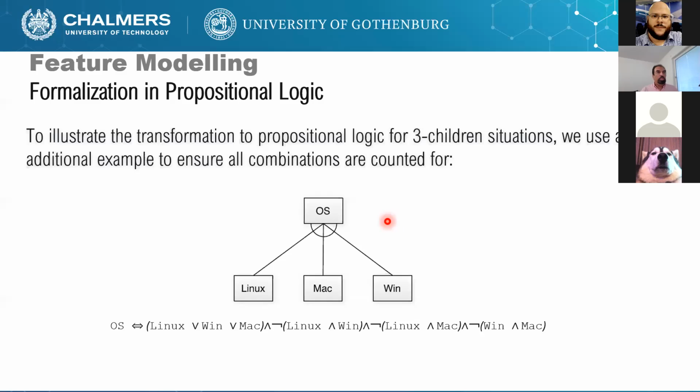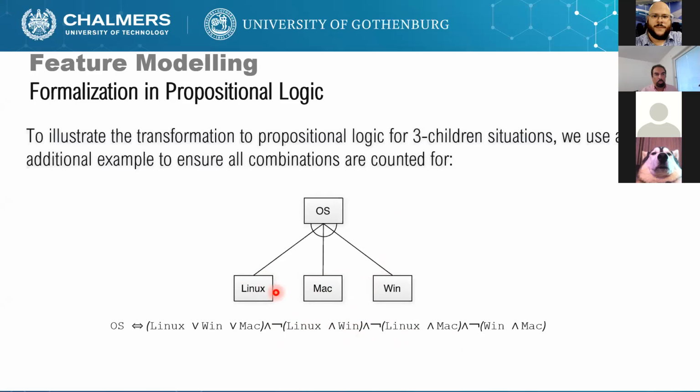There is a situation I want you to be aware of when you have more than 2 children and then XOR or the alternative relation: you have to do the enumeration of each child 2 at a time. Look at this here. When we had 2 children, we used to put just one statement here, which is the negated of and, complement of and.